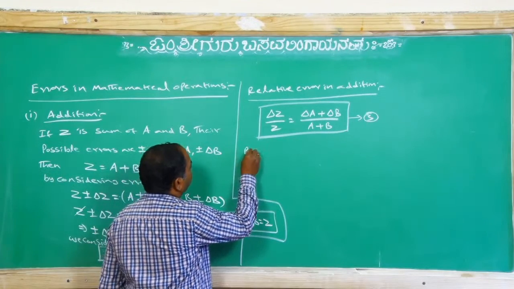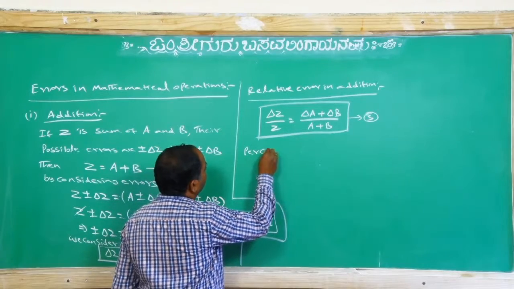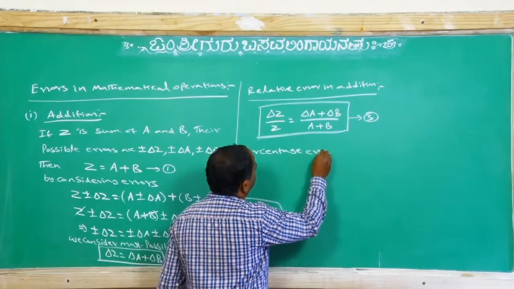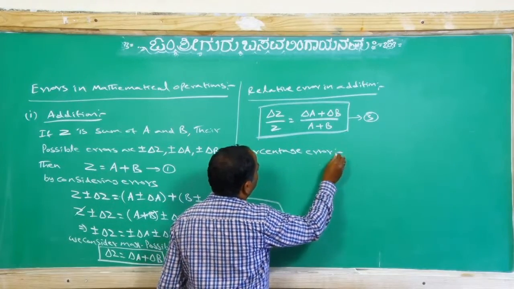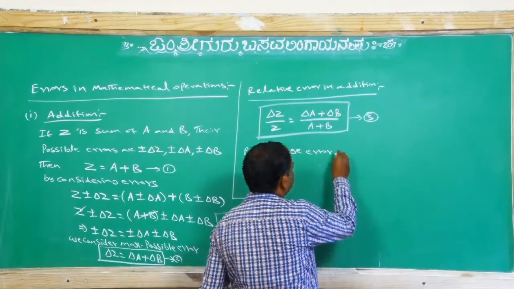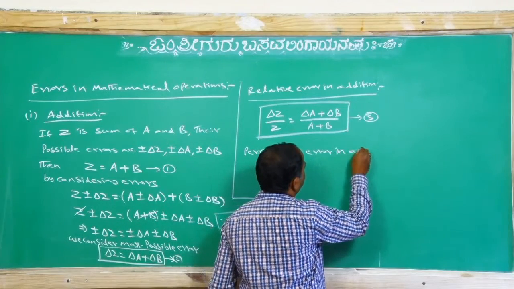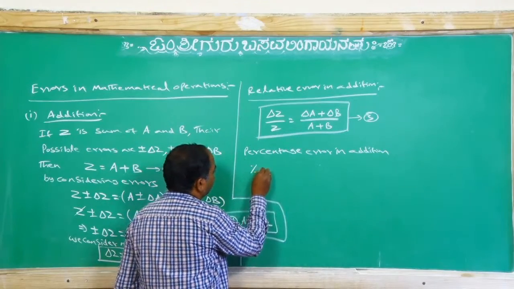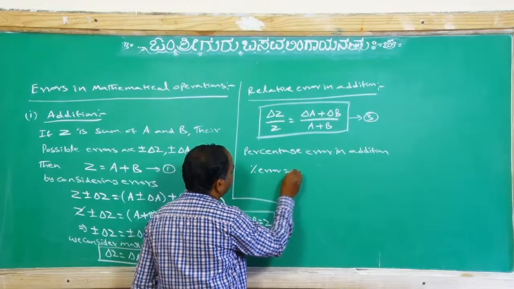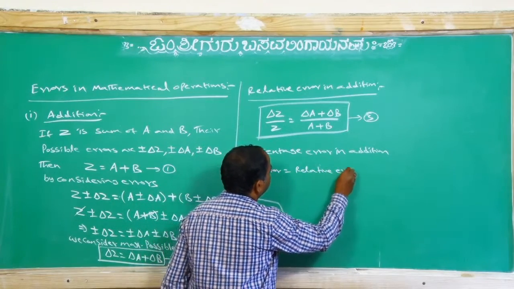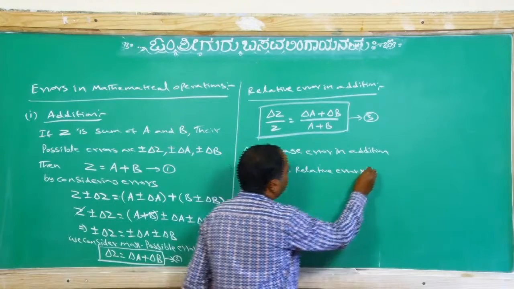Similarly, what is the percentage error? Percentage error we already know. Percentage error in addition, according to our definition, is equal to relative error into 100%.